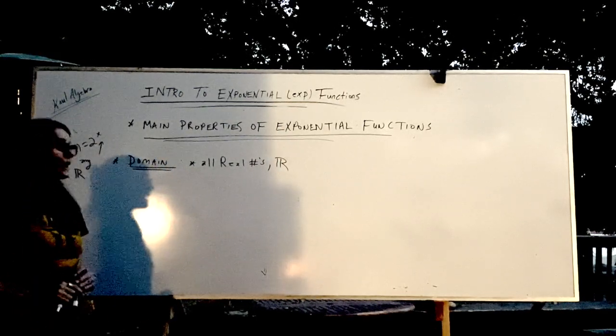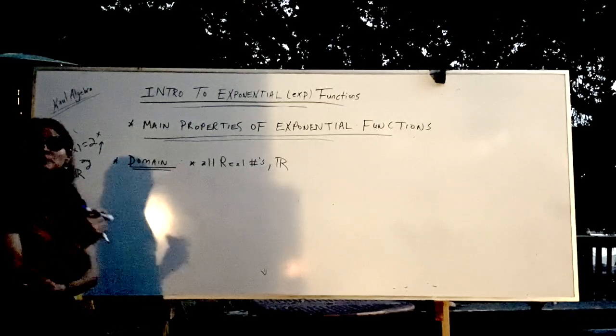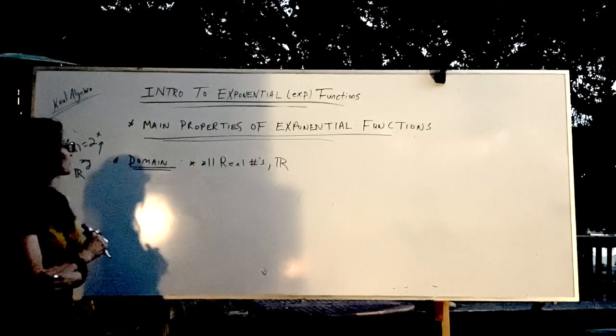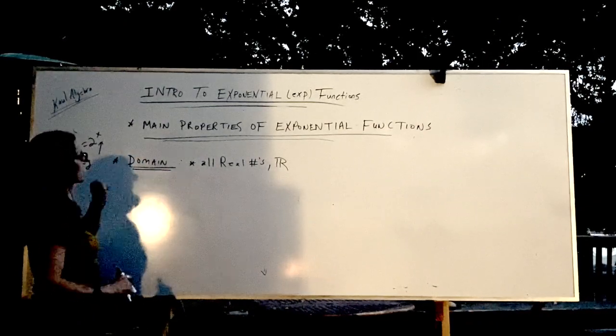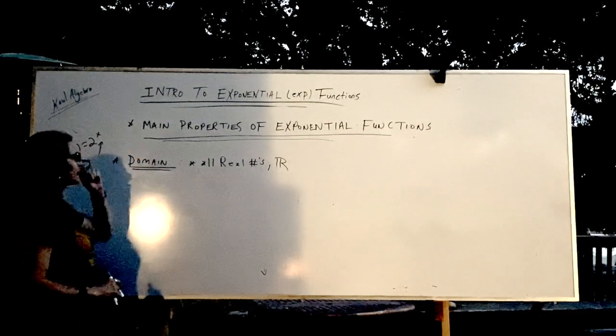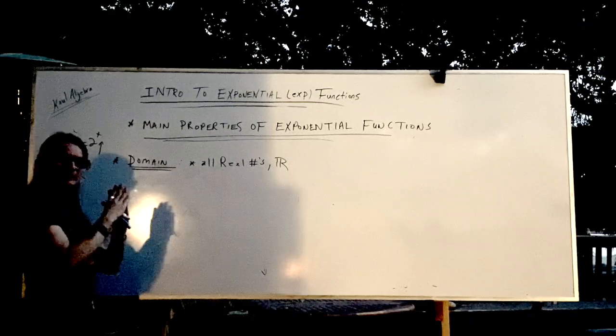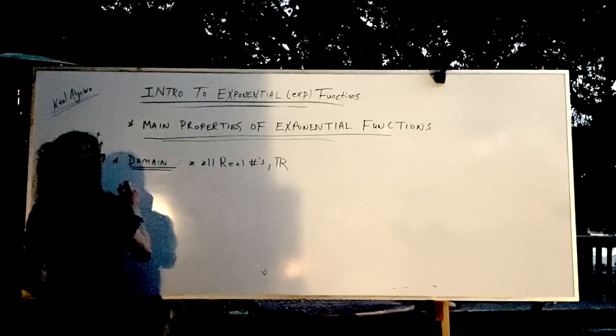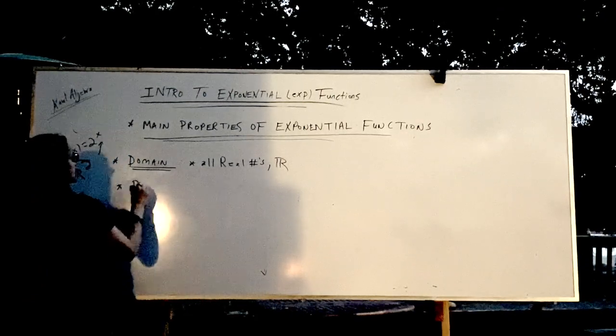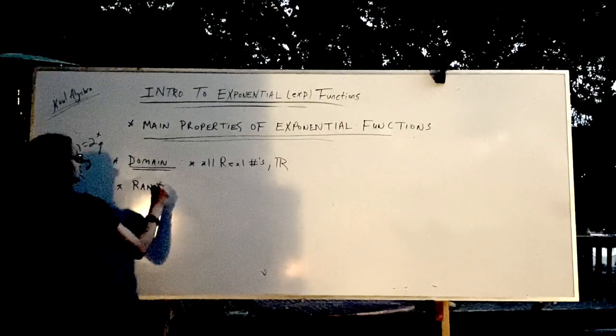Okay, so we could put any real number value into our x inputs, as an independent variable. So we'll always get a valid output. And if you look at the graph, you'll see that your graph covers all the x values from left to right. Now the range, on the other hand, is a trickier subject.